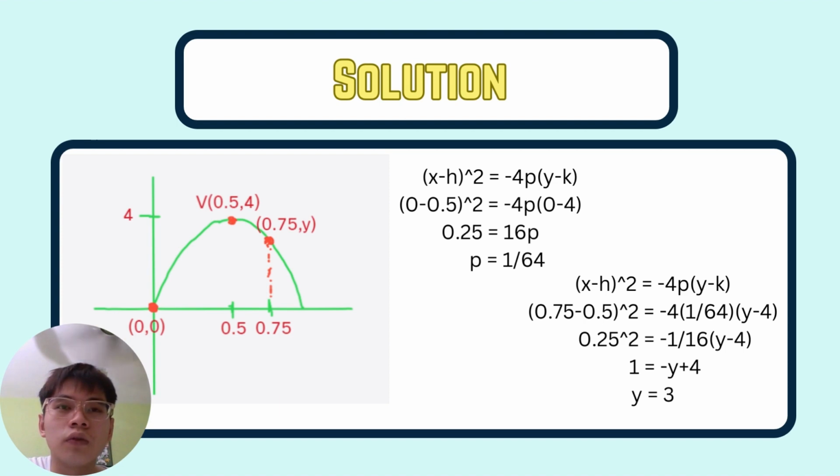Then we get 0.25 squared equals negative 1 over 16 times (y minus 4). Then 1 equals negative y plus 4. Finally, we get y equals 3. So when x is 0.75, y is 3. Easy, right?